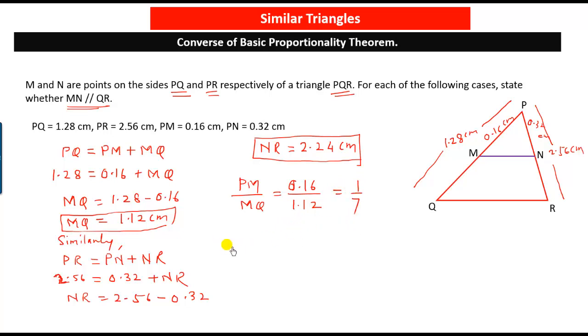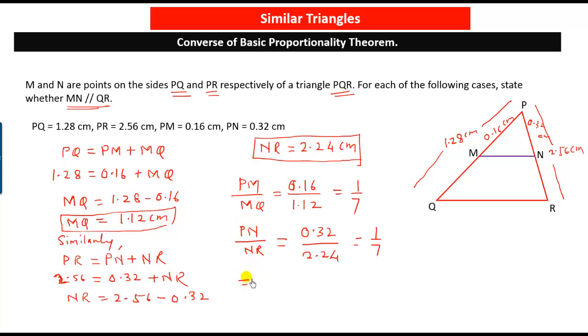And now PN upon NR is 0.32 upon 2.24, which is equal to 1 by 7, and therefore PM upon MQ is equal to PN upon NR.